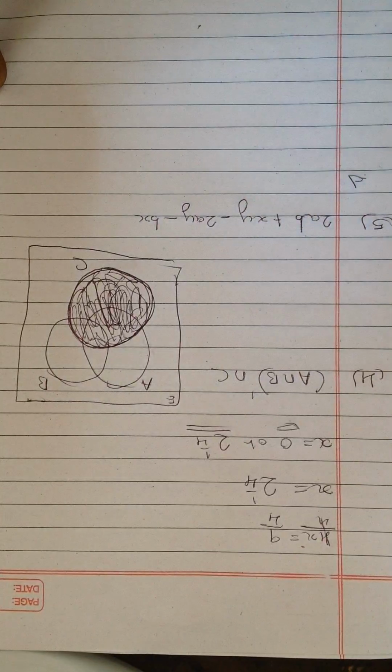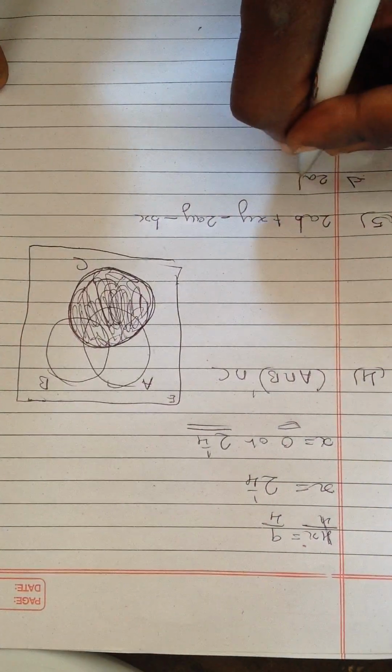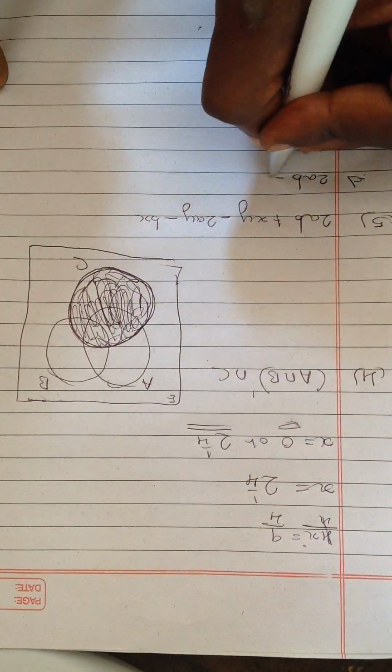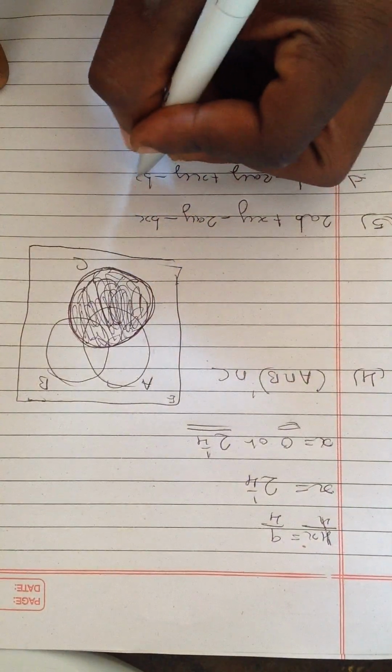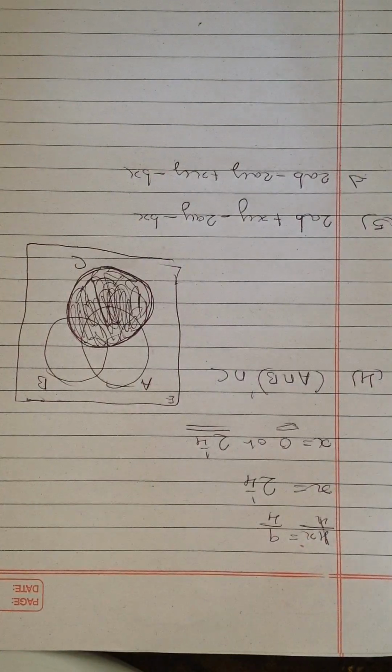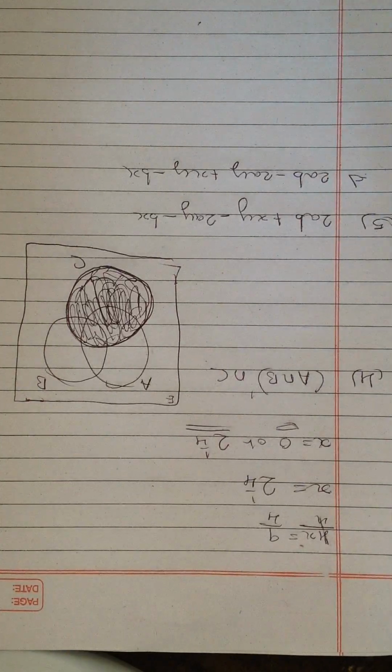You just try by all means to group what looks similar. So I have 2ab minus 2ay plus xy minus bx. If you try to manipulate your working, you come up with something. That's what factorization is all about.